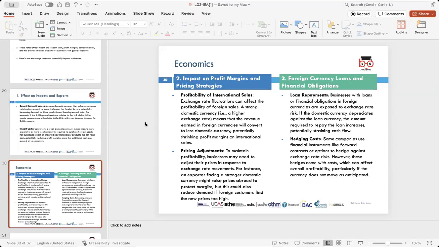However, these hedging strategies come with their own cost, which can affect overall profitability if exchange rates do not move as anticipated. Companies must always consider the impact of exchange rate movements on their financial liabilities to ensure sustainable cash flow and debt management.